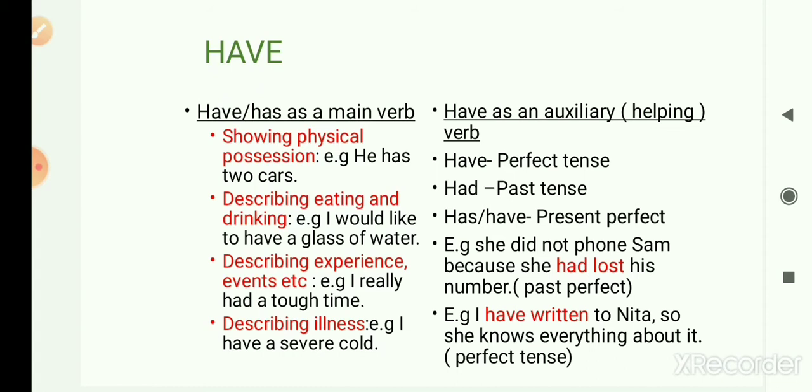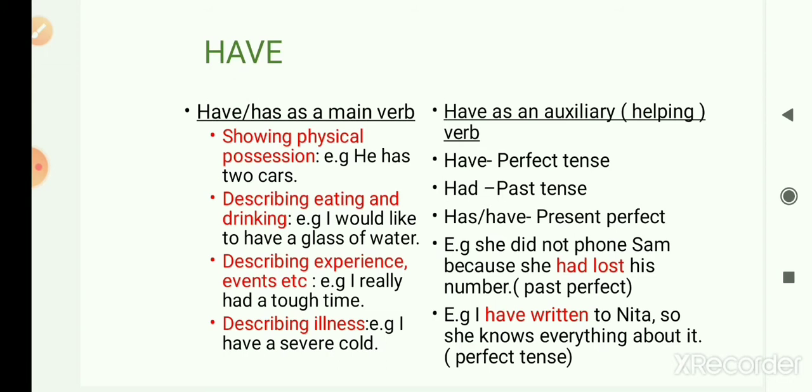Showing physical possessions. Example: He has 2 cars. When few things belong to me, to you or to someone else, we can use have or has. Describing eating and drinking: I would like to have a glass of water. I would like to have a piece of cake, and so on.